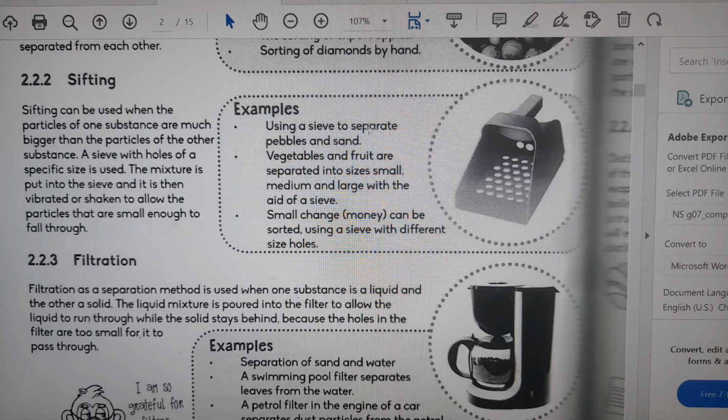Examples: using a sieve to separate pebbles and sand, vegetables and fruit are separated into sizes small, medium, and large with the aid of a sieve. Small change money can be sorted using a sieve with different size holes.